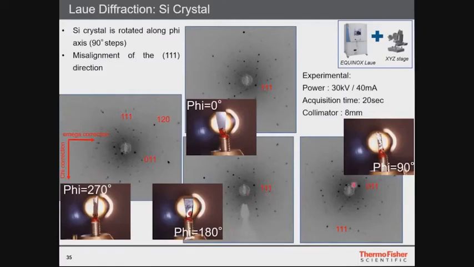In the 90 and 270-degree positions, you can see that other reflections, which are due to other planes, also appear. So this means there is a misalignment. It's not perfectly aligned in the 111 direction of the silicon crystalline structure. You can see the acquisition time is 20 seconds. So this method is really quick.